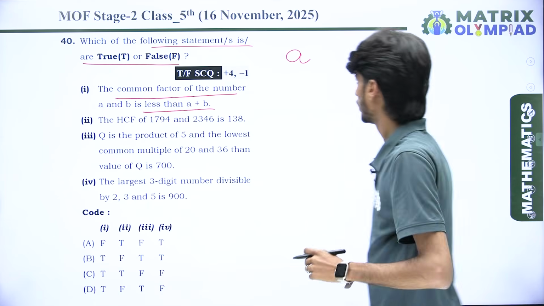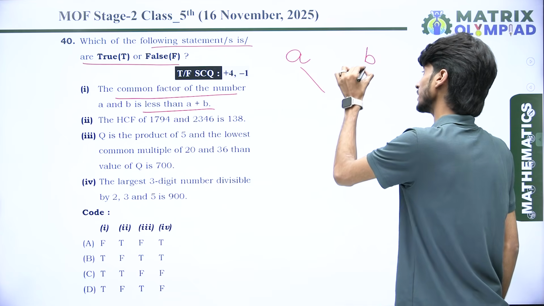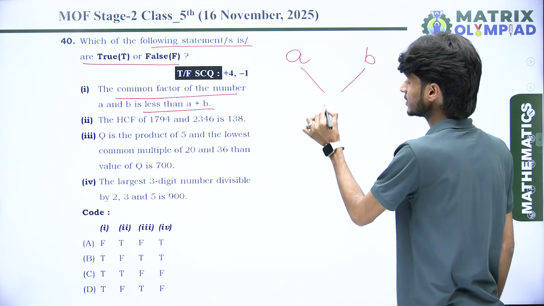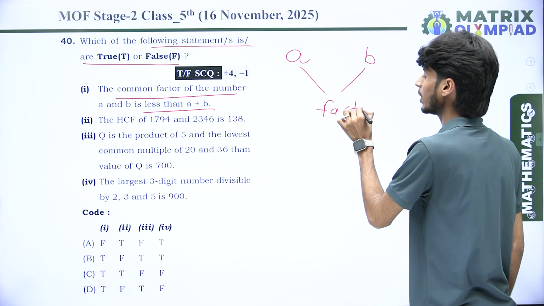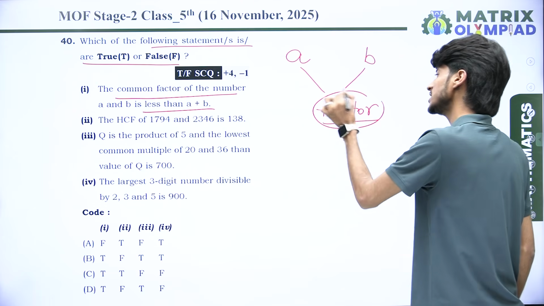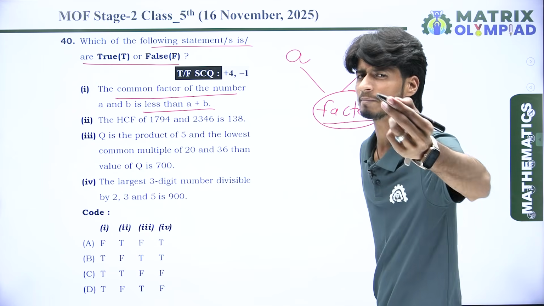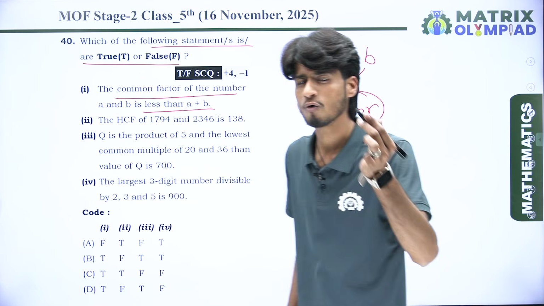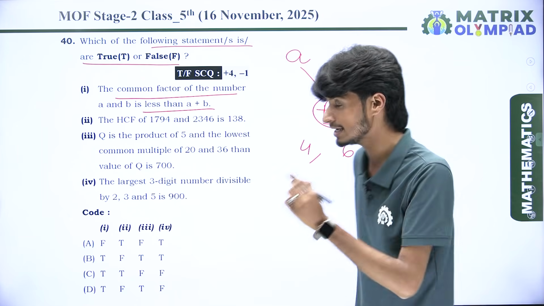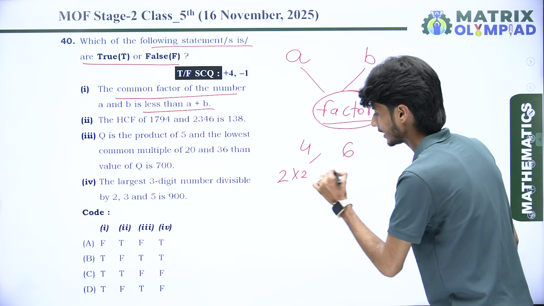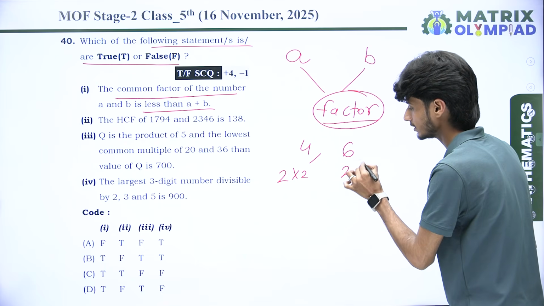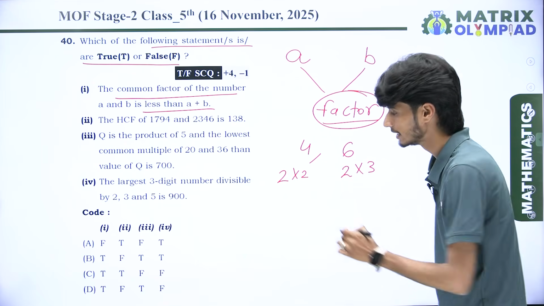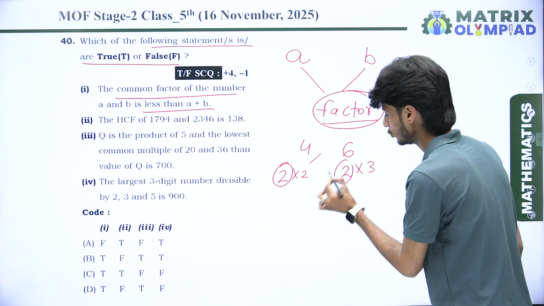So tell me, you know very well, if you are taking two numbers like A and B, then a factor is always less than the number because the number is properly divisible by the factor. Let's take a mathematical example like 4 and 6. The factor of 4 is 2 multiply 2 and the factors of 6 is 2 multiply 3. Then the common factor is 2.